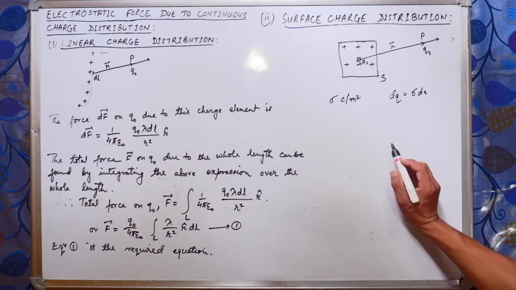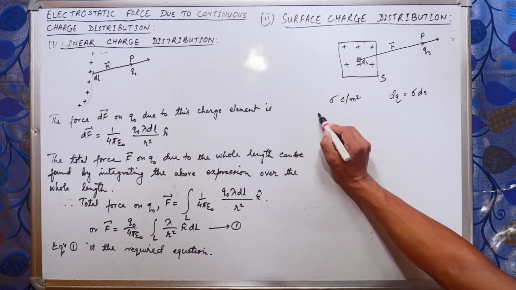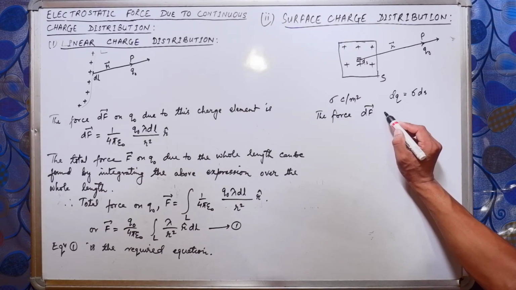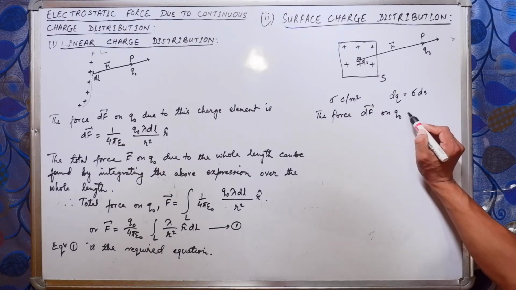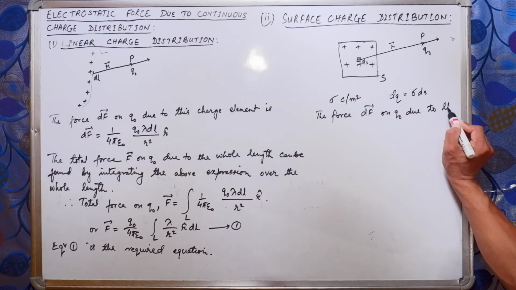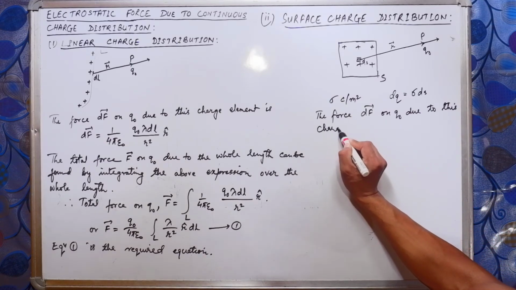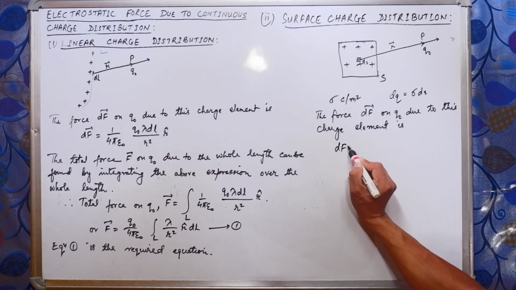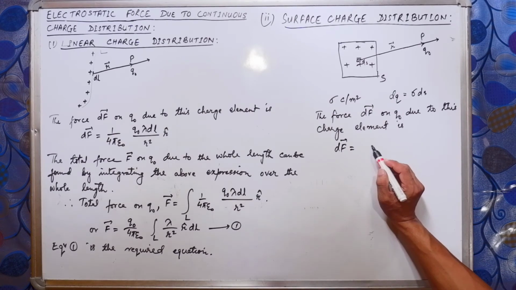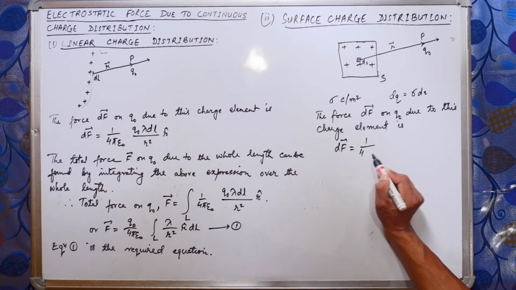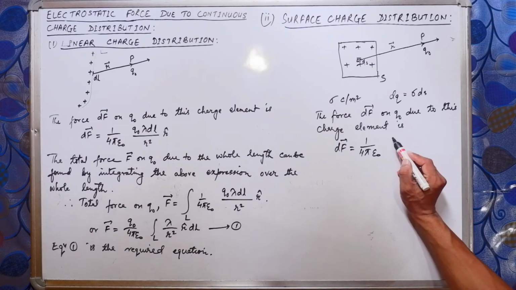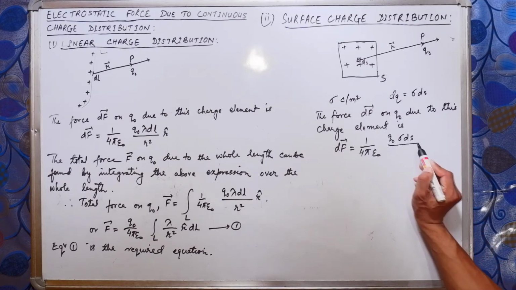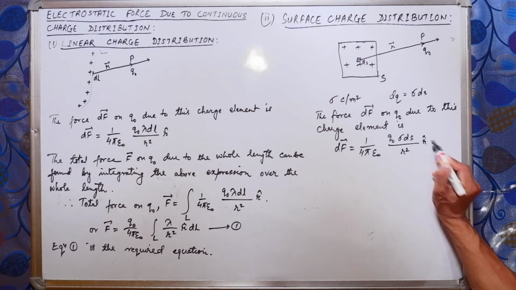Now the force dF on Q naught due to this charge element is given by dF equals 1 by 4 pi epsilon naught, then Q naught, another charge sigma ds, and r square is the distance, so r cap here.